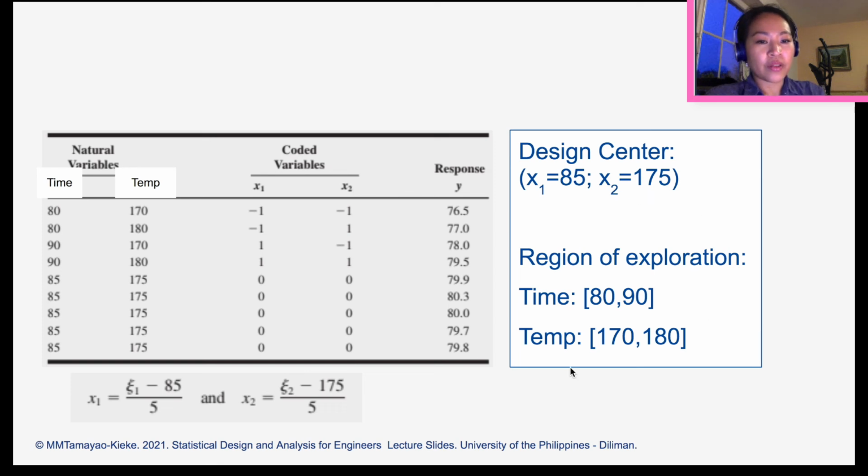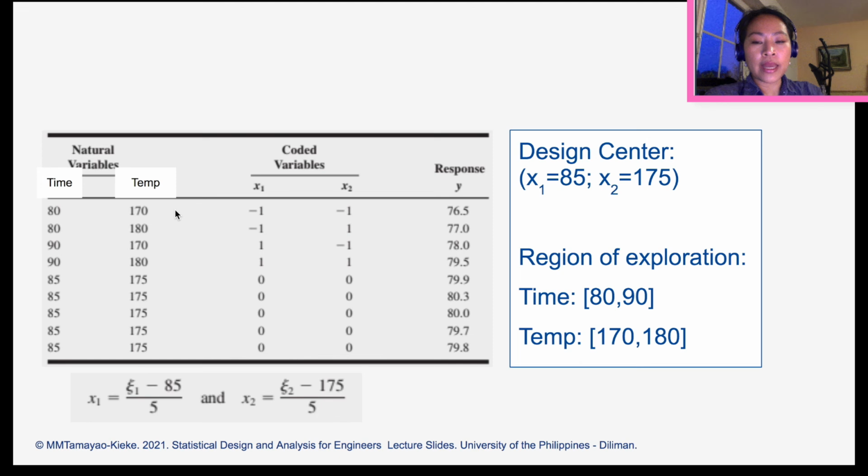And so now the next region of exploration is 80 to 90 minutes, and for temperature, it's 170 to 180. Again, we have a 2 to the 2 factorial augmented by 5 center points. So these are the values for the natural variables.